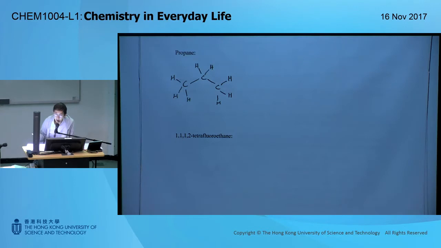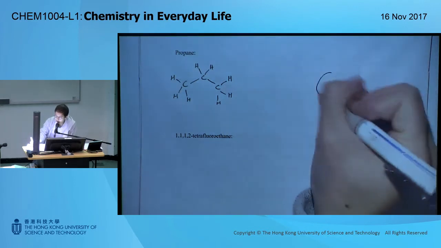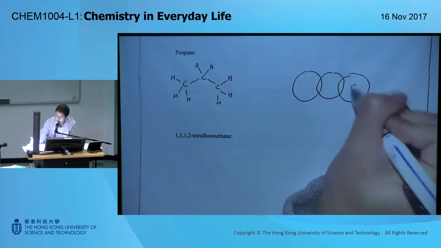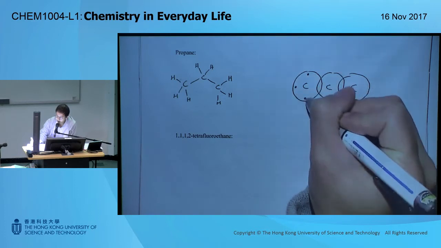So this is propane, and to draw the dot cross diagram, basically all of these are single bonds. So you have to draw the three carbons bonded together by single bonds. Each carbon has 4 electrons.